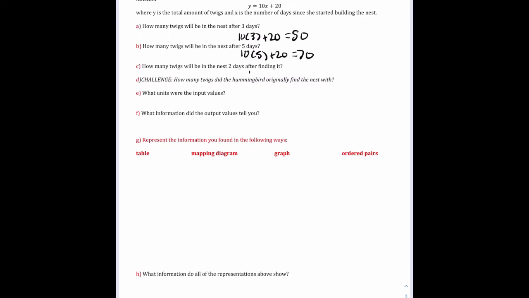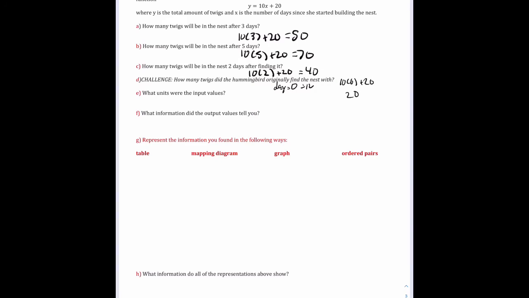After 2 days, you should get 40 twigs. How many twigs did the hummingbird originally find the nest with? This is a challenge one. Well, originally find the nest, that'd be day 0, or your initial value. You could just plug in 0 for x, and the nest started out with 20 twigs.